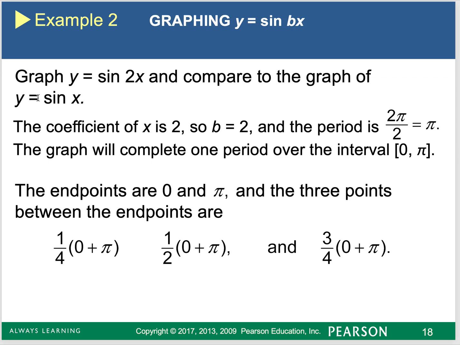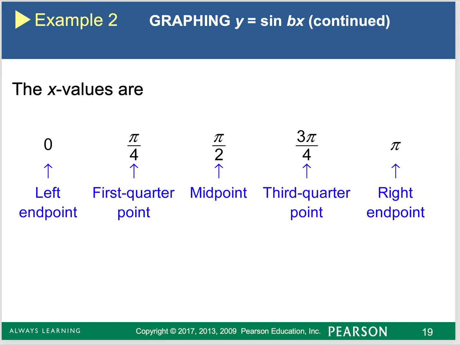If I want to graph y equals sine of 2x and compare it to sine x, I can definitely use Desmos. That's absolutely okay. Or I can know that the amplitude is 1. The period is going to be pi because it's 2 pi over 2. And that's going to occur over 1 period, 0 to pi. I'm starting to look at these endpoints.